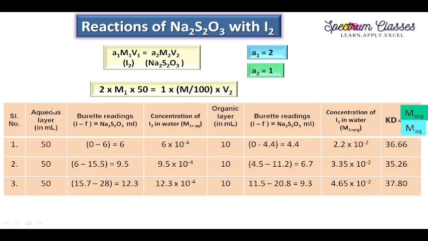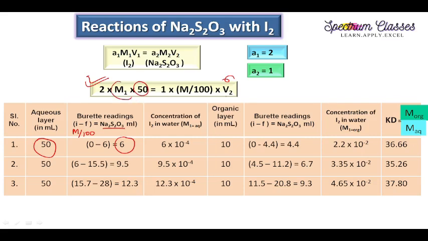What we have done is, I am just going to write down, 50 ml of aqueous layer I have taken, and this 50 ml of iodine is titrated against M/100 sodium thiosulfate solution, and the volume consumed is 6 ml. These three things we are going to put in this equation. So volume is 6 ml, M/100 sodium thiosulfate solution, and here 50 ml of water is taken, right?